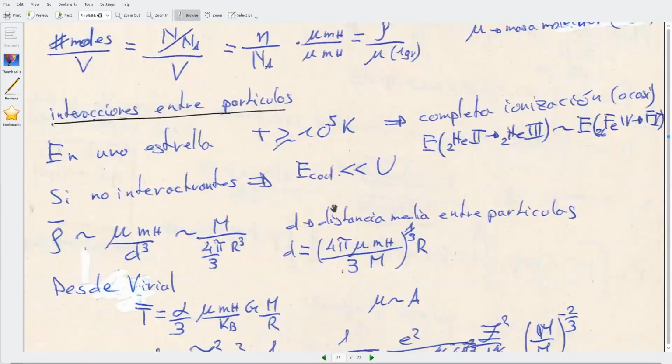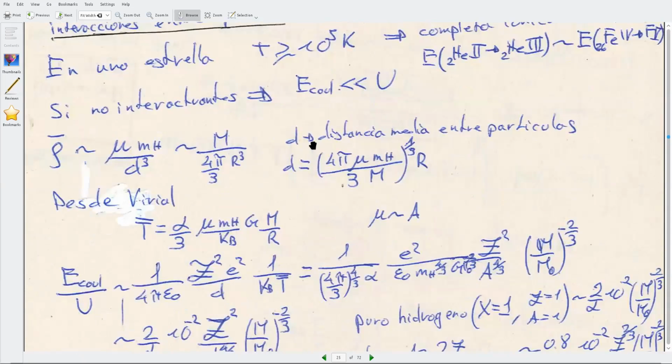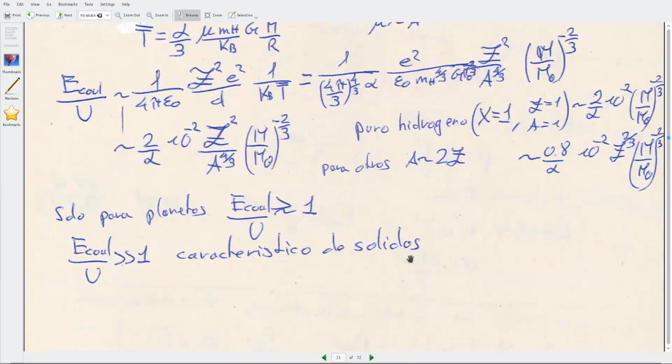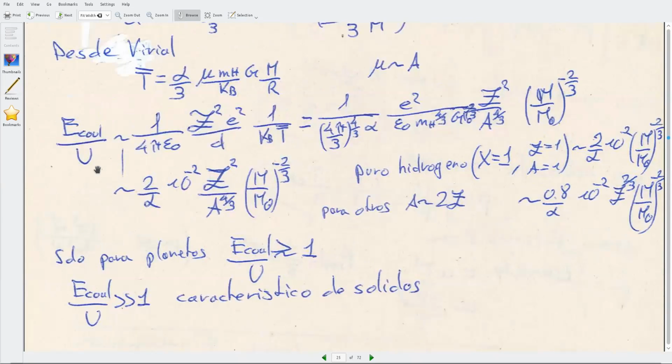Okay, we demonstrated that the interactions of the particles, the Coulombian interactions, are negligible. We have an almost complete ionization. And here was the calculation that the Coulombian energy divided by the internal energy of the gas is this value that we calculated.